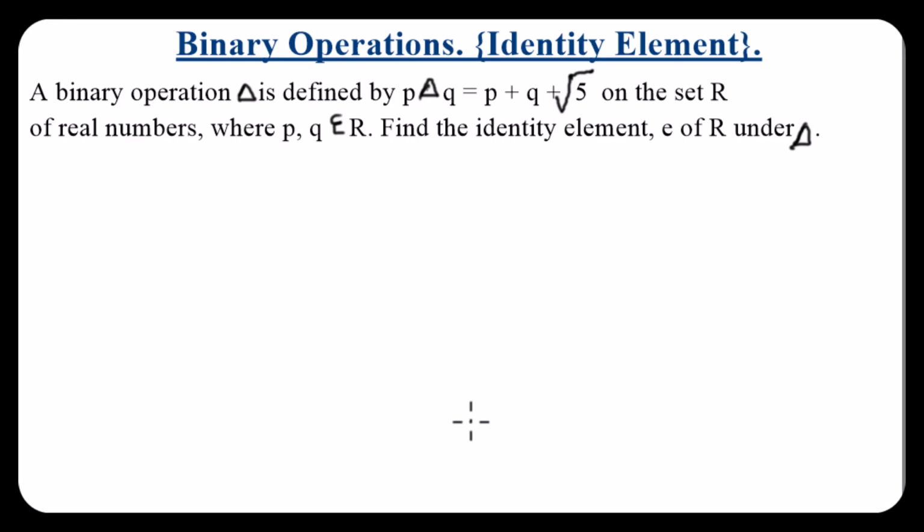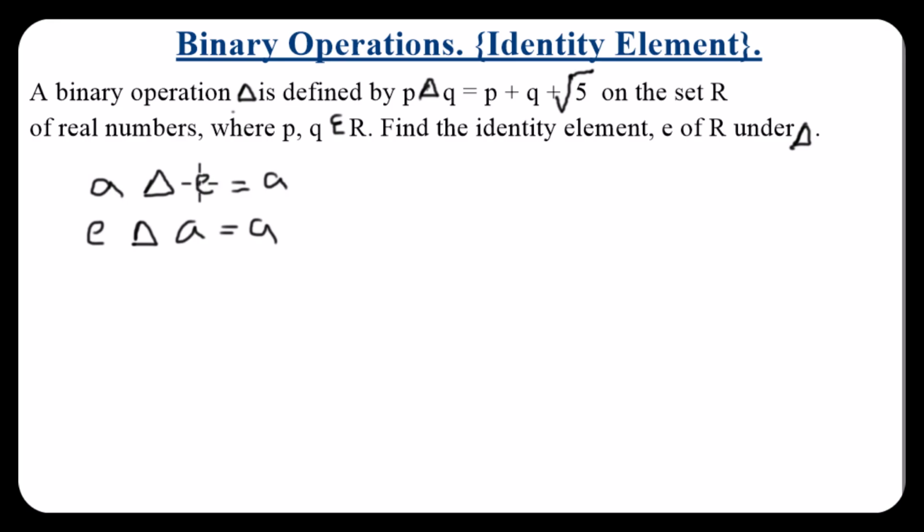Okay, so how do we go about this? Again, we want to write an equation. For identity elements, we already know that when we combine, under the operation delta, what we have to combine with A to give me A itself. So either we write it this way, or we write it this way.